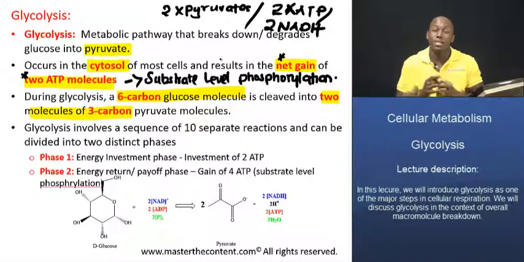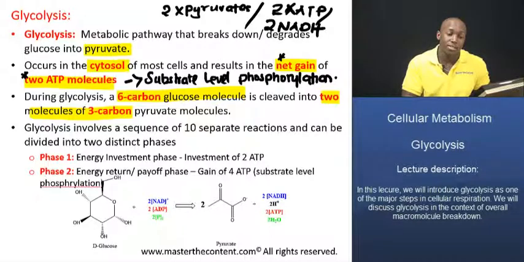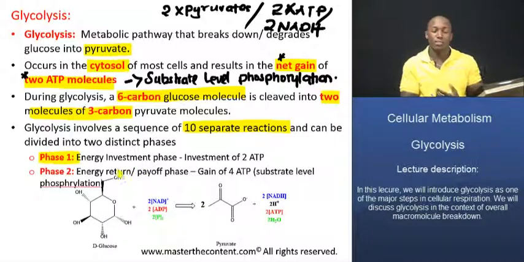Now, glycolysis itself involves a sequence of about 10 separate reactions, and we can divide these reactions into 2 distinct phases. The first phase is the investment of energy, the stages of the reaction that require the input of ATP. In this phase, we use 2 molecules of ATP per molecule of glucose.